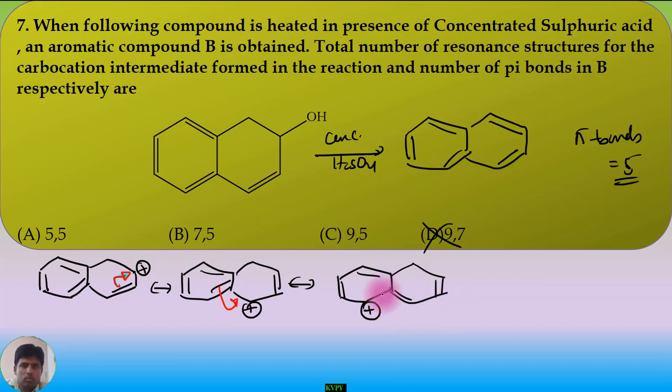Okay. Now next this bond will shift here, and we get double bond here, plus charge here, and we get something like this.